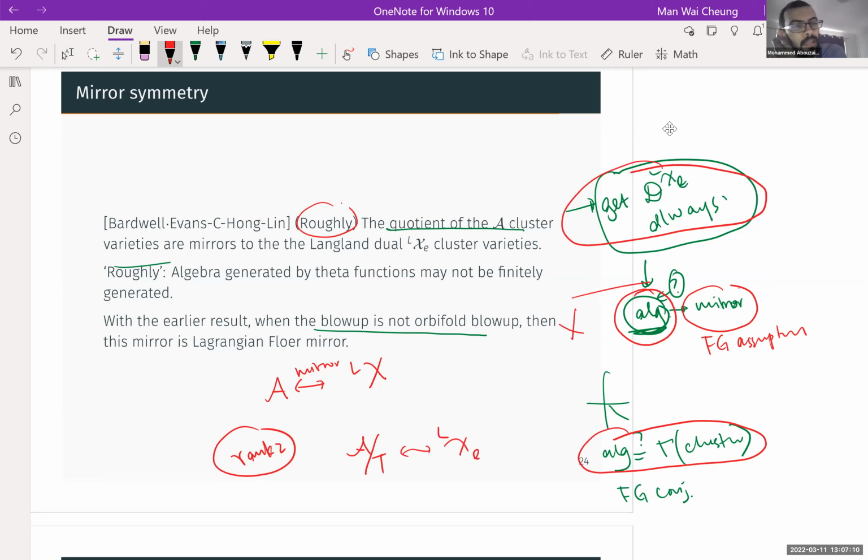So let me ask a different way. So this statement is in rank 2 only. Yes, because we just consider the surface. But rank 2, what I want to emphasize, is not dimension 2, but we quotient out all the high dimensional things to a surface.